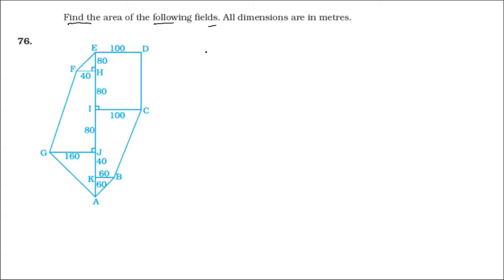If you look at this figure, there are certain triangles over here. Some trapeziums are there. A rectangle is there. So how do we find the area of this figure?